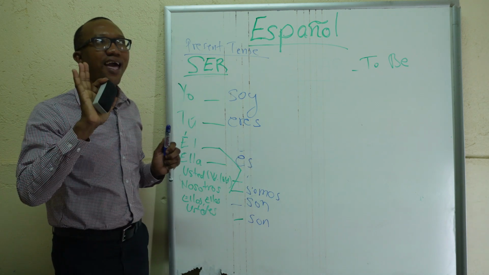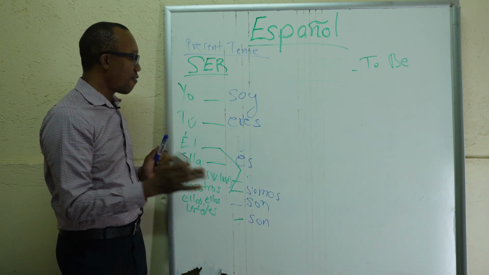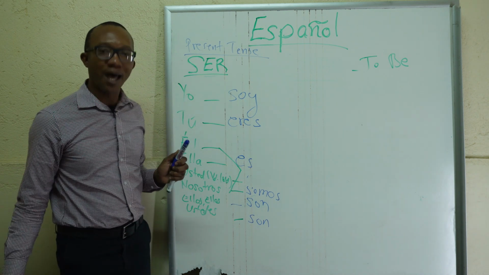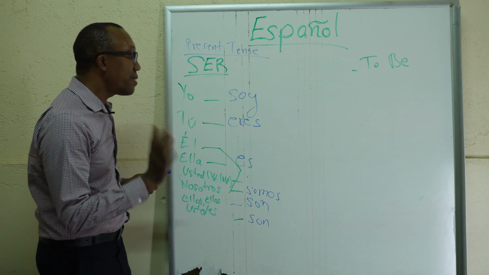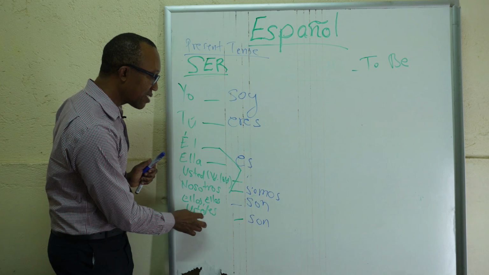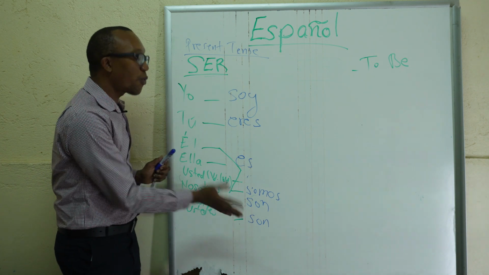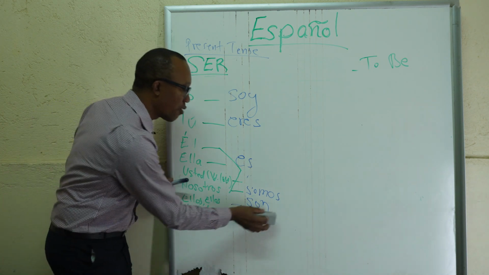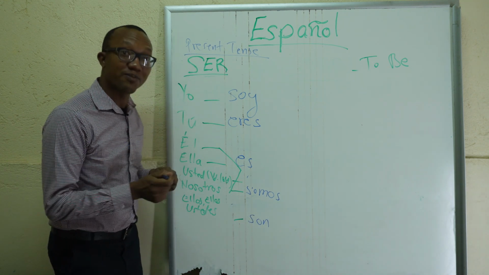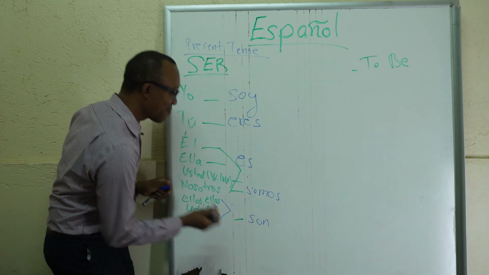In any verb actually, for él, ella, usted is the same form. So that makes your life easier. Similarly, the plural forms, ellos, ellas, ustedes, same, son. So we don't need to repeat. We just have one son. So you see how your life is becoming easier with learning Spanish?